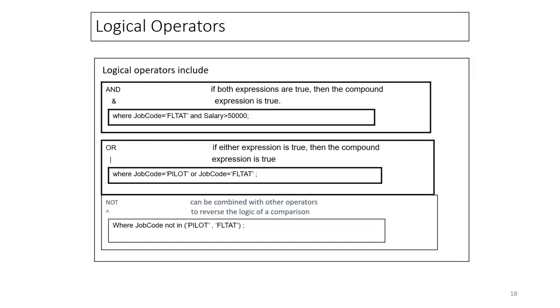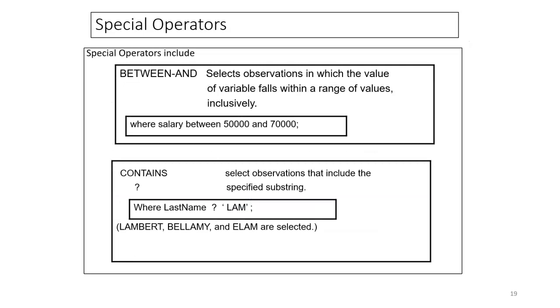With OR, if either expression is true, the compound expression is true: WHERE jobcode equals PILOT OR jobcode equals FLTAT. NOT can be combined with other operators to reverse the logic of a comparison: WHERE jobcode NOT IN PILOT or FLTAT.